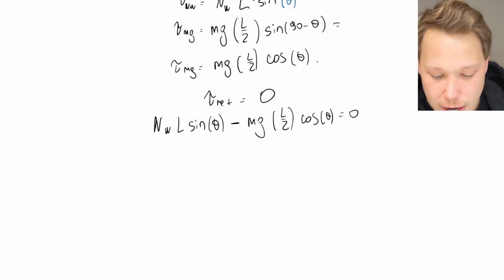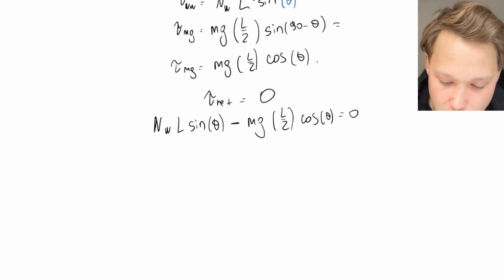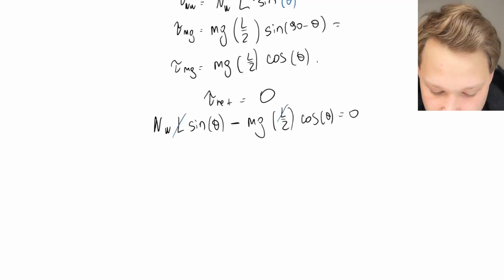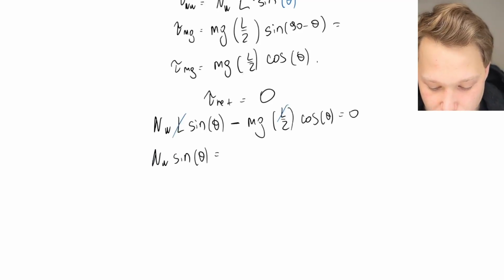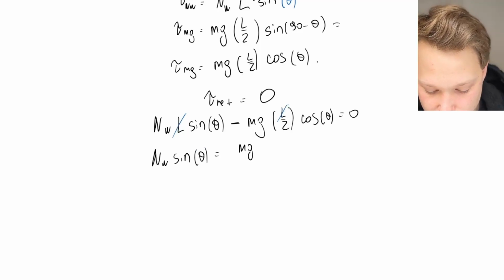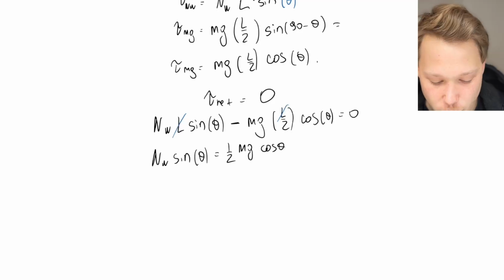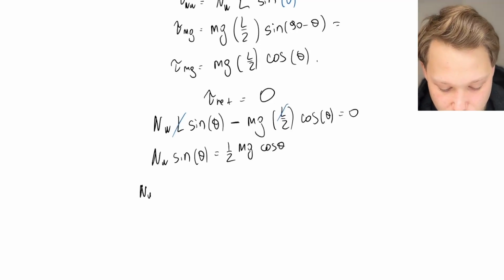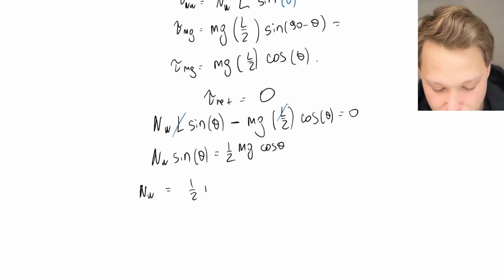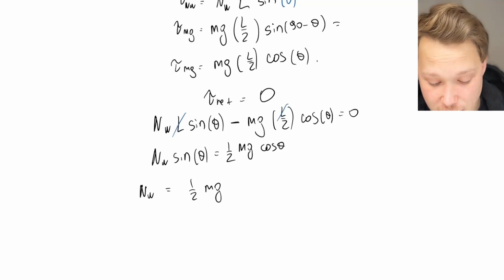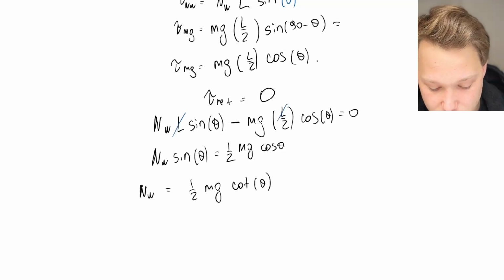Let's take a look. So what I can find from here is NW. My L cancels out. I can put mg cosine theta on the right hand side, and I can divide both sides by sine theta. So 1 over half mg. Cosine over sine will be cotangent theta. Great.